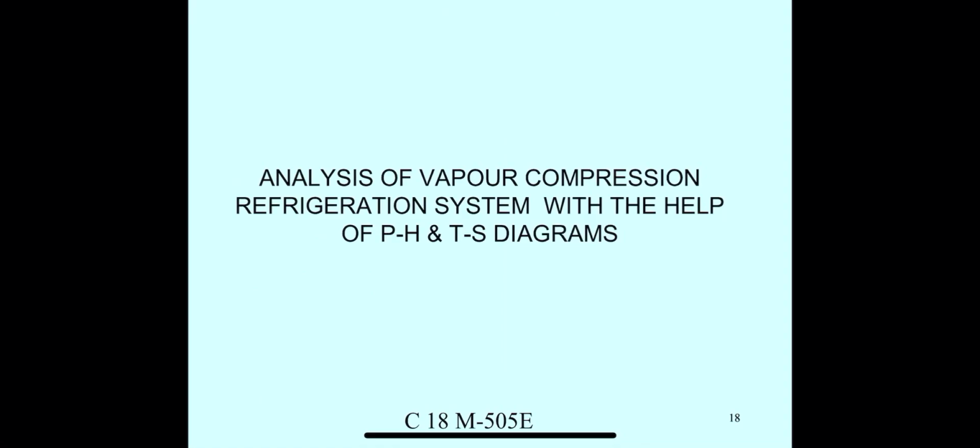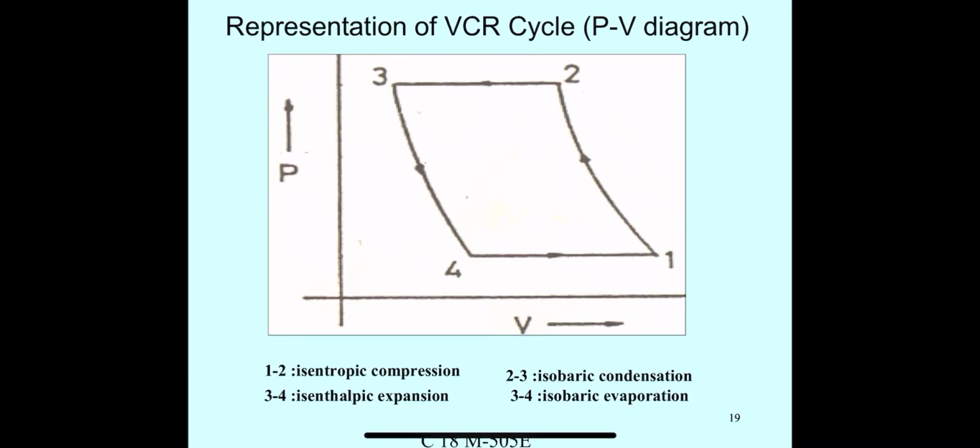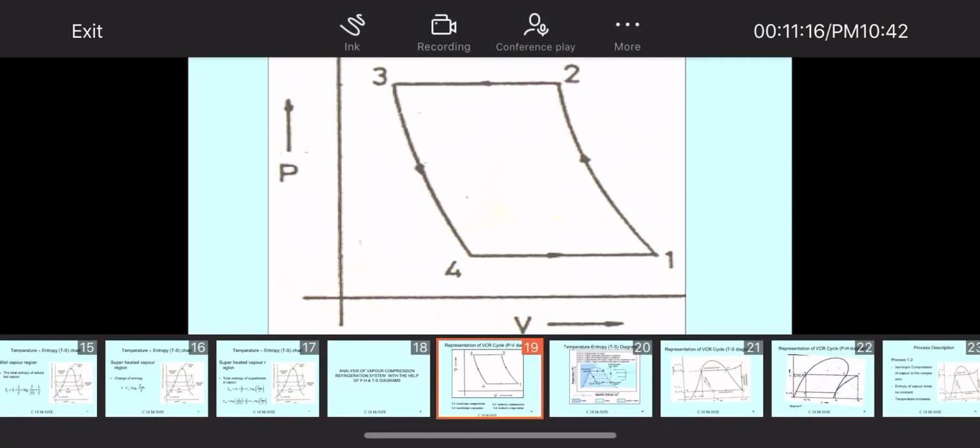Okay, analysis of the vapor compression refrigeration system with the help of the ph and Ts diagrams. How do we analyze using the ph and Ts diagrams? Representation of the vapor compression cycle on the PV diagram: the x-axis shows V and the y-axis shows P. First, process 1 to 2 is isentropic compression and 2 to 3 is isobaric condensation.